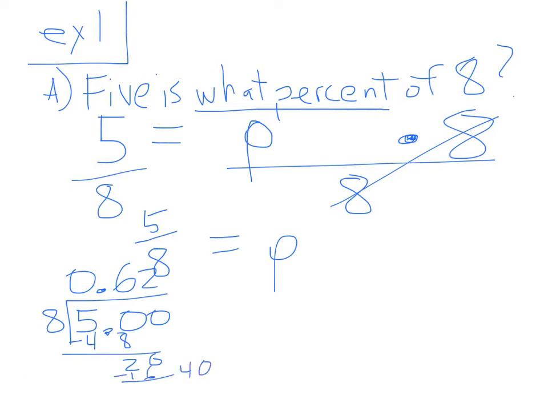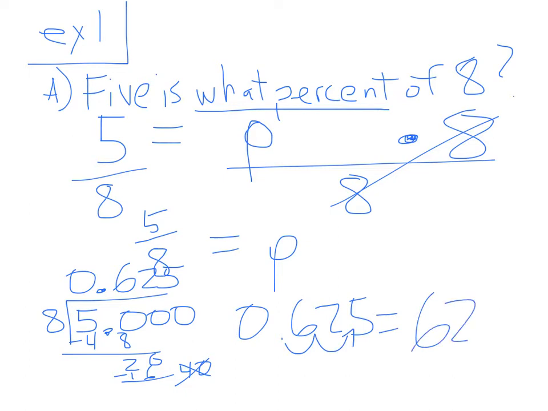Subtract is 4. Drop another 0, and then 8 goes into 40 5 times. So the answer ends up being 0.625, but we know to move the decimal 2 places right, and we get 62.5%. And that is example number 1A.